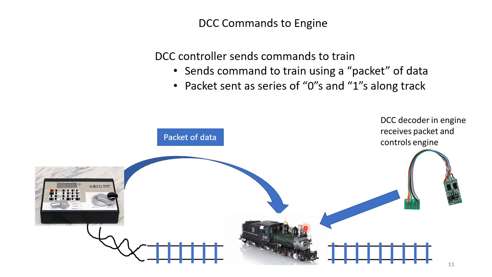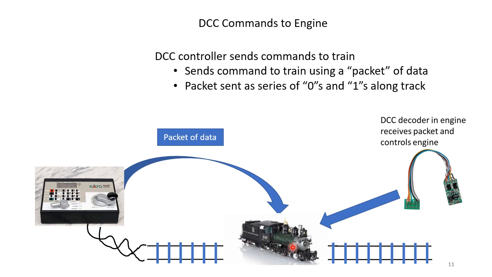How does the DCC controller control a specific train? We have the DCC controller on the left. It sends what's called a packet of data to the engine, and on the engine is a DCC decoder. The DCC decoder picks up the signal from the tracks and determines if that packet is destined for this engine or not, in which case it'll act upon it.